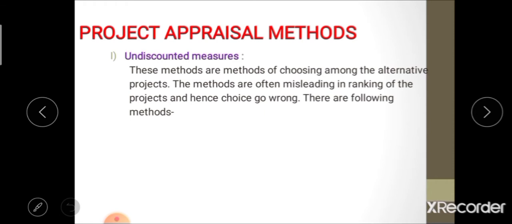Sometimes this undiscounted measure is misleading in ranking, hence the choice goes wrong. That means there is sometimes a chance of wrong selection of project under this undiscounted measure of project appraisal. In this method, time value of money is not considered while calculation of cost and return of that particular project, and this method is just choosing among the alternative projects.